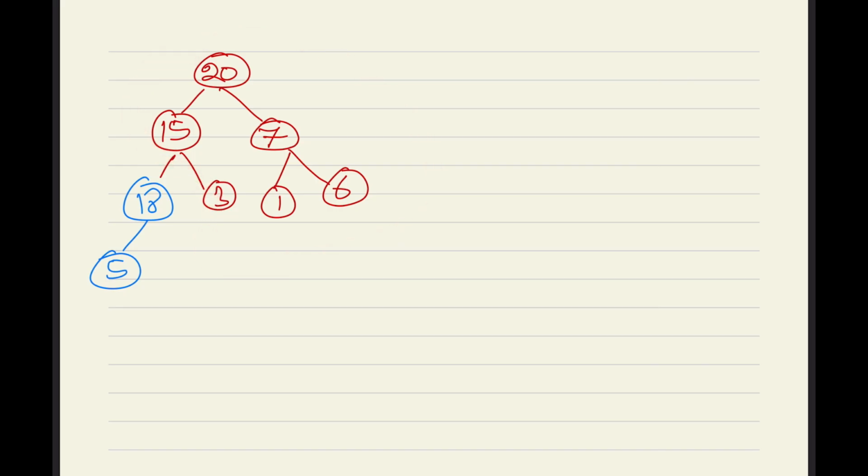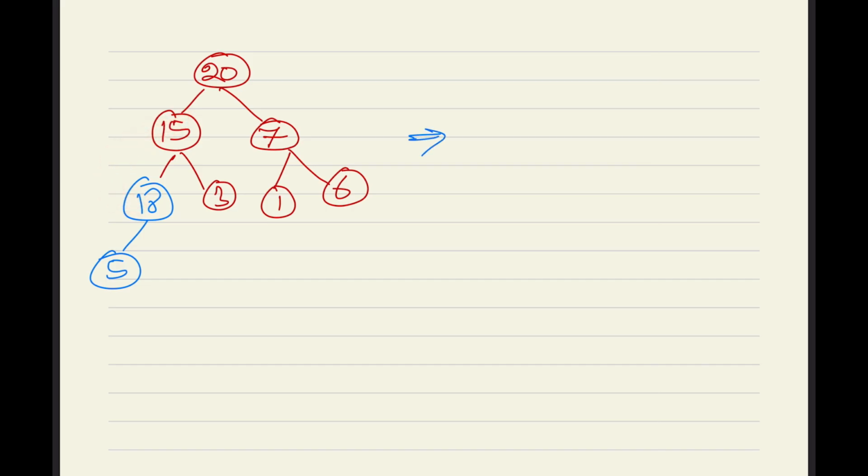Now again we have to check after swapping whether the heap property is violated or satisfied. Here you can observe the heap property is violated. 18 is greater than 15, so again we have to swap.